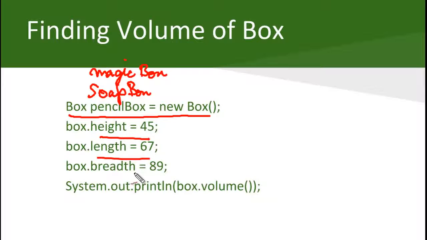You are setting the height, length and breadth of the same using the dot operator, and when you print box.volume, it is calling the method of that class, calculating the volume and returning that. So from our earlier example in which we were calculating the volume in main, now the volume is a method of the class itself.